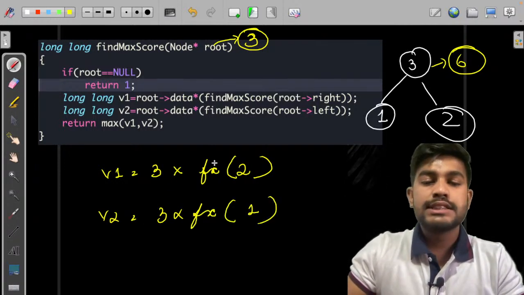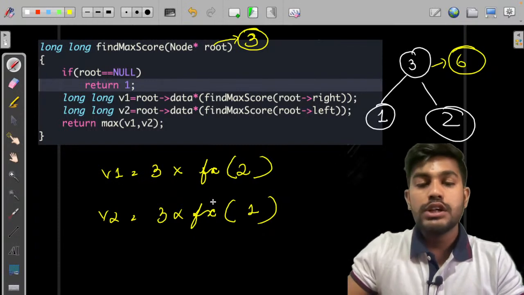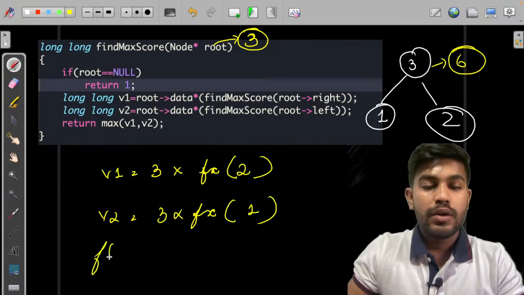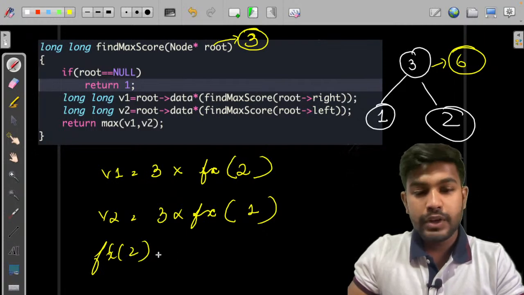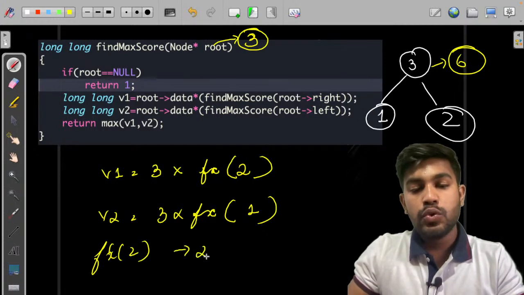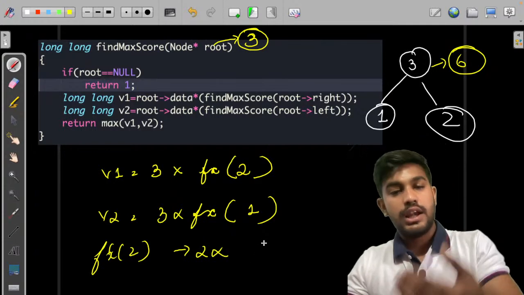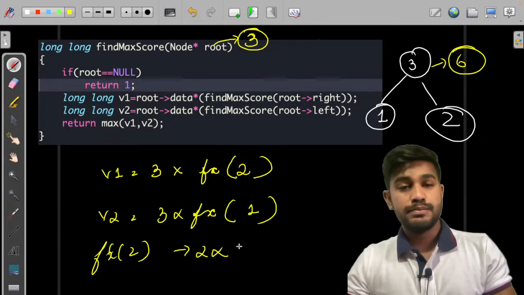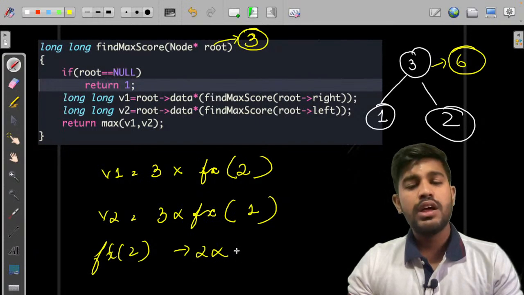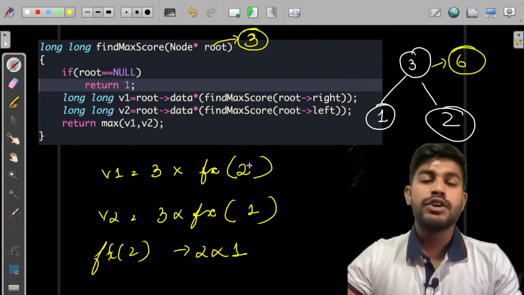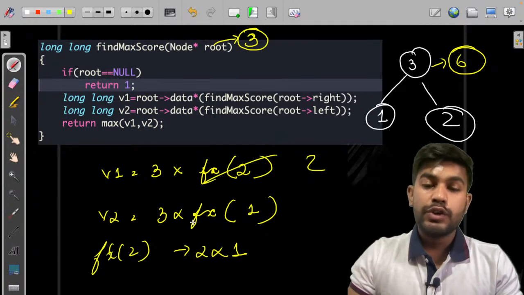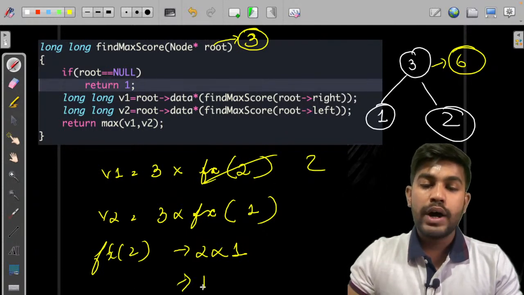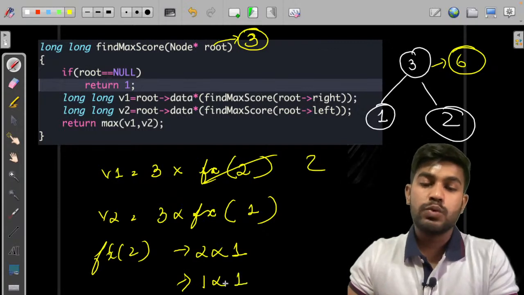Then let's calculate the value of function of 2. It is not null, so we move forward, and it would be 2 multiplied with the value null. Null is nothing, so we multiply it with 1, and this returns the value 2. Now for f of 1, it would be 1 multiplied with null, that is 1 itself.